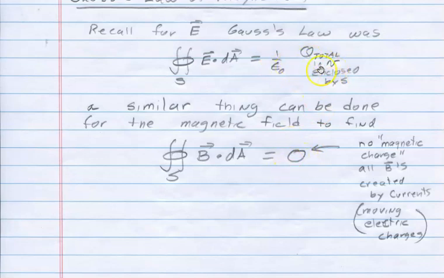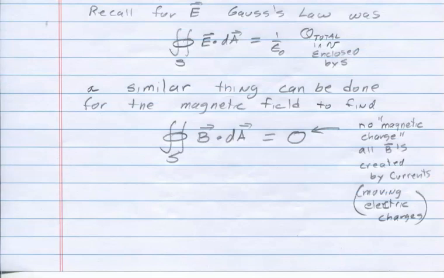You'd have some fundamental constant over here times the total magnetic charge that was enclosed. But since to date we haven't seen any, really just a result of experimental observation, this side has to be 0. What that means is that there is a magnetic equivalent to Gauss's law, but it's just not very useful, certainly not useful in calculating or finding the magnetic field. So we'll have to look in a different direction.